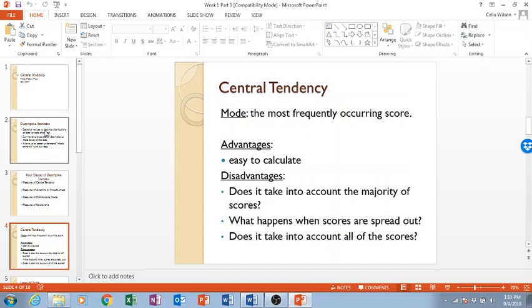Throughout this course and next semester, I'm going to use the word distribution a lot. A distribution is just a set of scores. Think of a classroom set of scores, a school set of scores, a state set of scores, maybe age or height or weight or BMI or IQ or test scores, or depression scores.